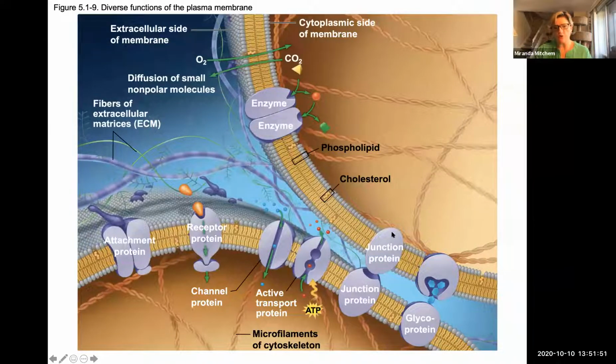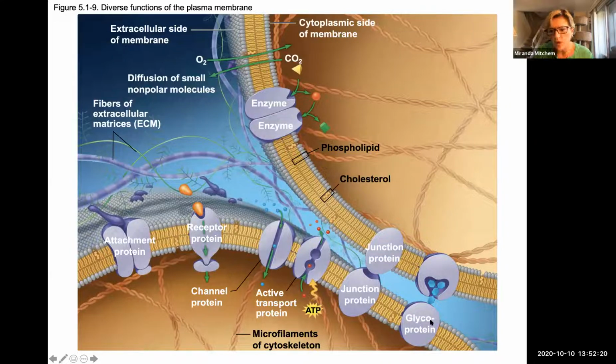Our junction protein is a direct cell-to-cell contact between two adjacent cells. And this is one of the junctions that create tissues by bonding together cells that touch each other. And then we've got similarly, but this time we've got the glycoprotein with the presence of a glyco group or sugar group, which is interacting with its matched protein.